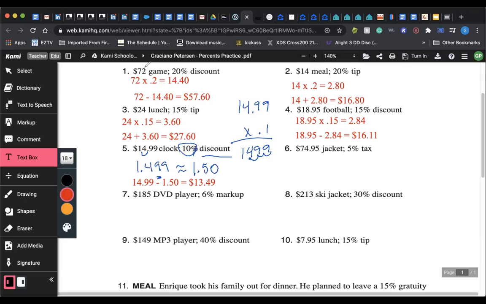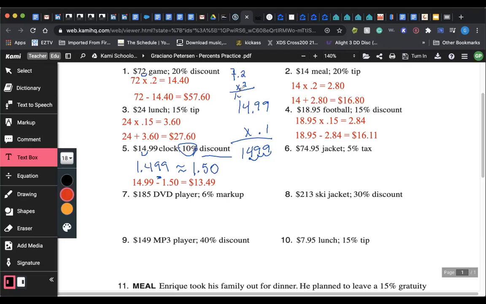The same thing that we just did to get 10%, we just moved the decimal place one place to the left. So up here, like for number 1, where we have 20%, you move it one place to the left, you get 7.2. And then all we would need to do is multiply that by 2 to get the whole discount, right?